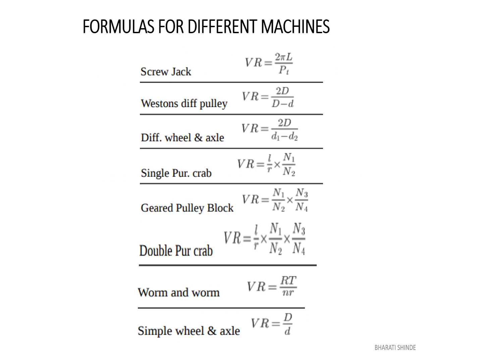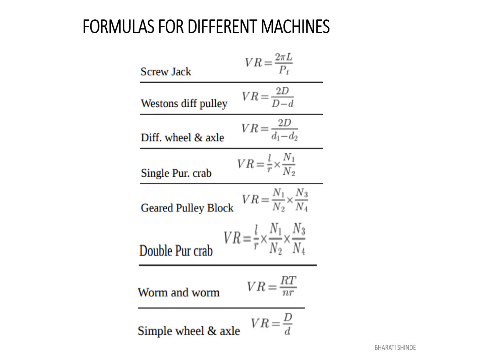These are the different formulas for different machines. For screw jack, the velocity ratio formula is 2 pi L divided by PT. For Weston's differential pulley block, VR is 2D upon capital D minus small d. For differential wheel and axle, velocity ratio is 2 capital D divided by D1 minus D2.